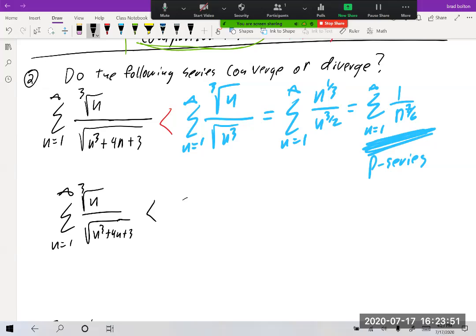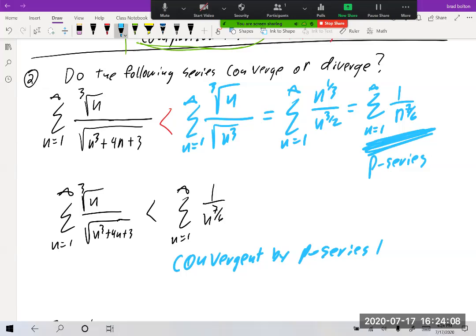Is less than, right? And I know that this is convergent by P series test since P equals 7/6 is greater than 1, right? So anything greater than 1 is a convergent series according to the P series.